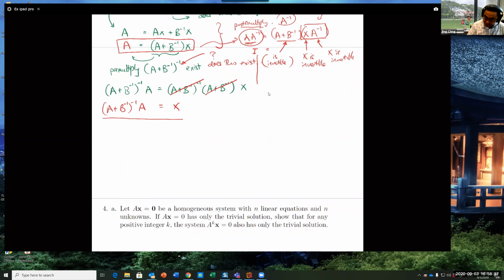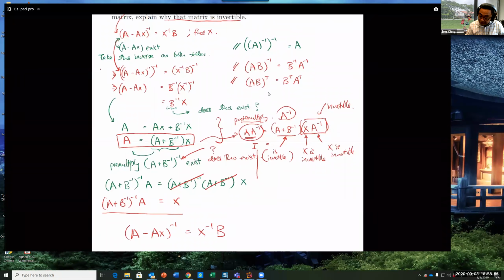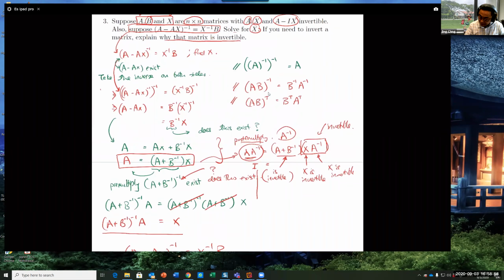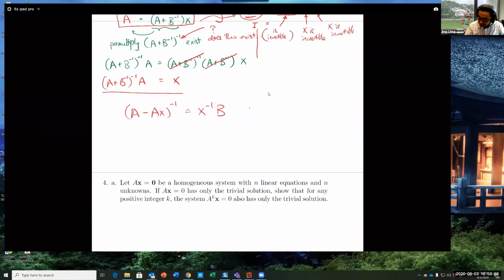We start with the equation A minus AX minus 1 equals X minus 1 B. Correct? So this was the equation that we begin with. Now, what about X? X is invertible. So we pre-multiply by X on both sides.